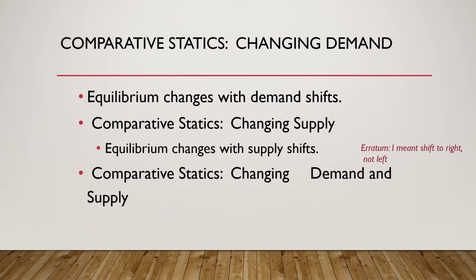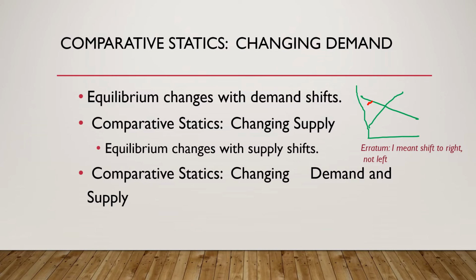Please remember that when there is a shift in your demand curve to the right or to the left, there will be a change in the equilibrium. But let's say, for example, this is your demand curve, this is your supply curve. A change in the QD would only mean changing from this point to this point.